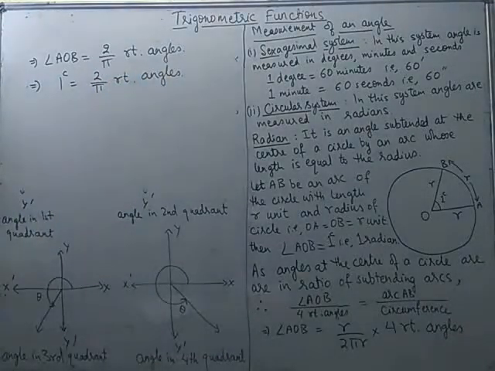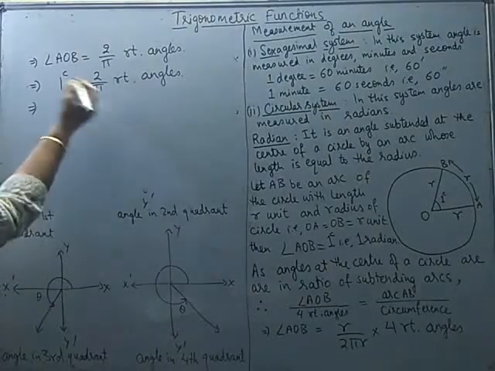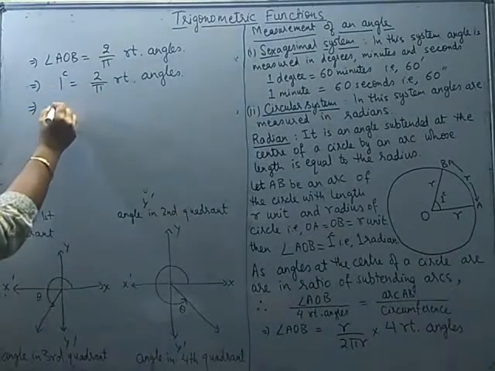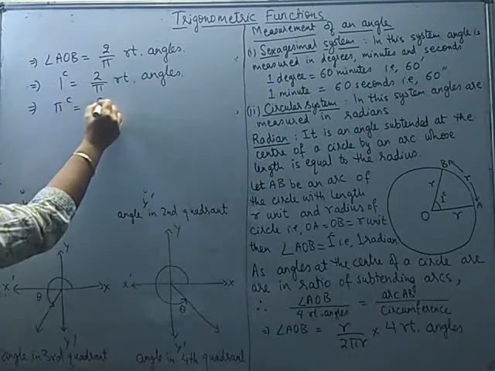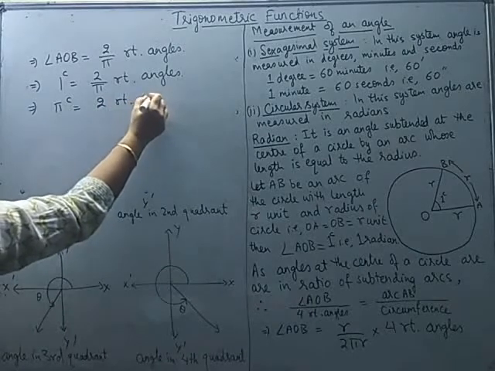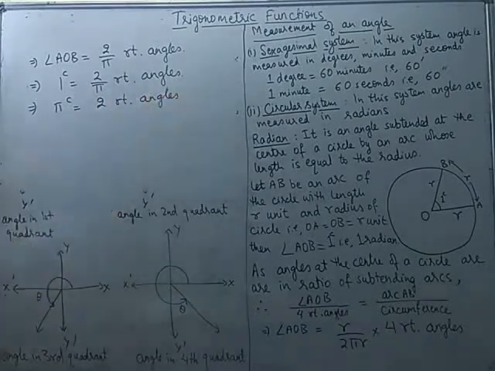Fine. Now this will help us in understanding the relation between degrees and radians. Now see, even this equation, if I slightly simplify, cross multiplying pi here, we get pi radians is equal to 2 right angles.